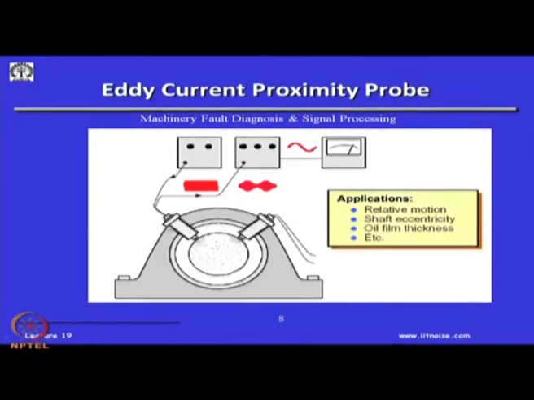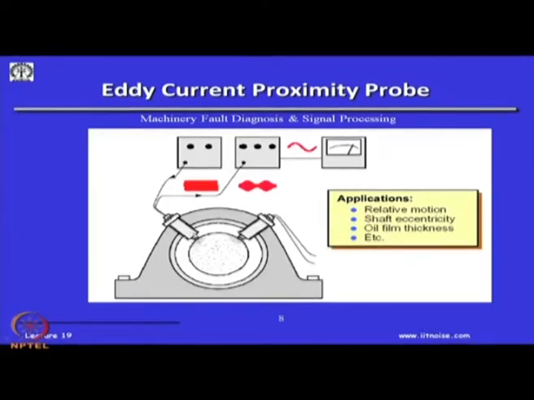Basically, we have a probe here onto which we apply a very high frequency signal, about a few megahertz, and that is there in the primary coil. Because of these high frequency waves close to the shaft, which is an iron shaft, eddy currents are going to get generated in this gap.